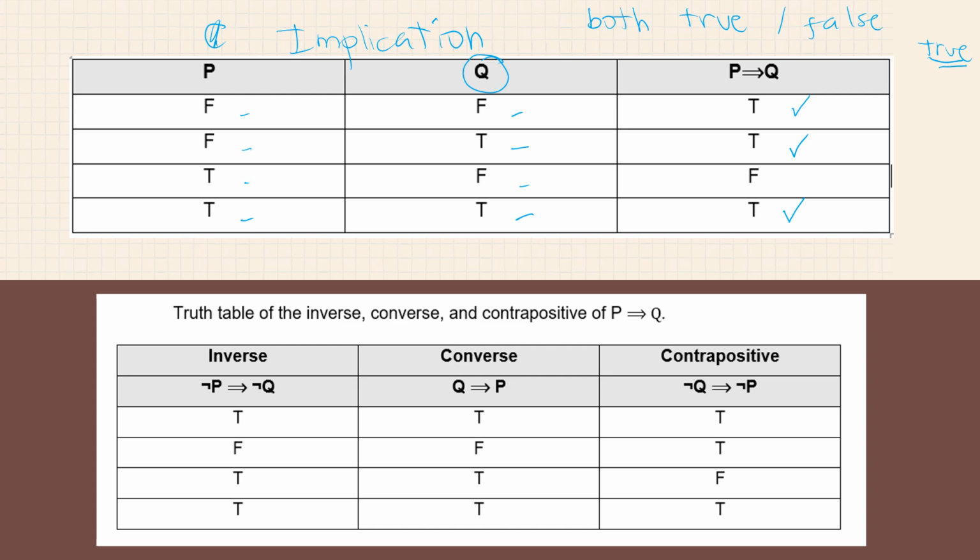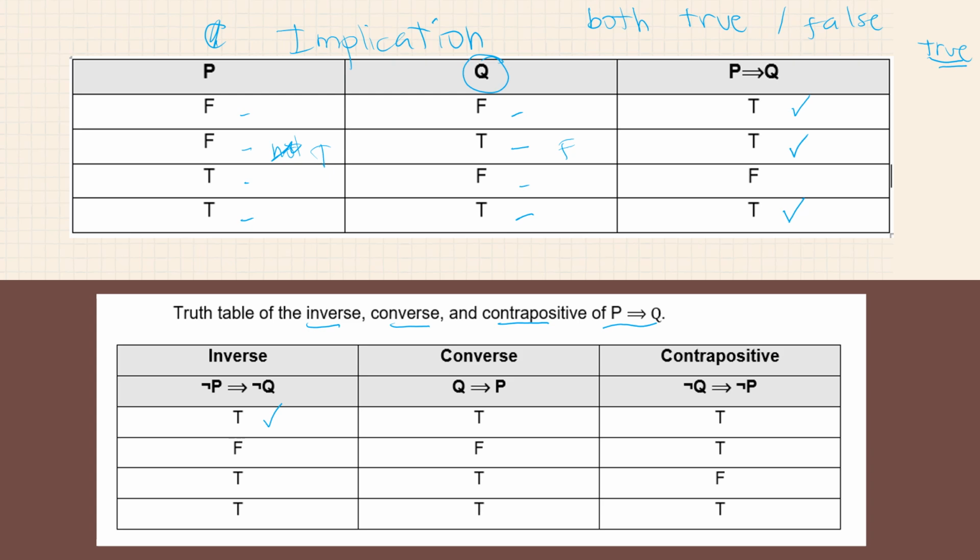So the truth table of inverse, converse, and contrapositive of if P, then Q. In the inverse, if not P, then not Q, the first one will be true. Then the second one will be false, because the inverse of this one will be true, then the inverse of Q is false, so the conclusion will be false.